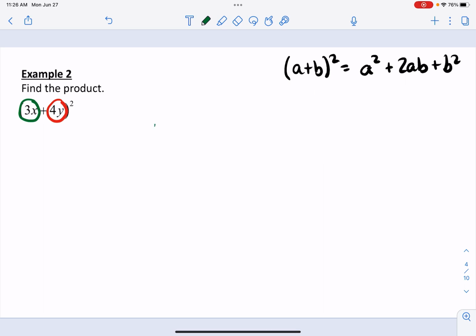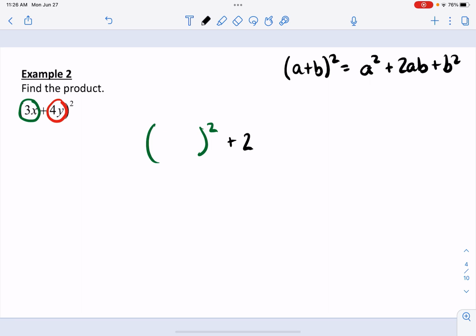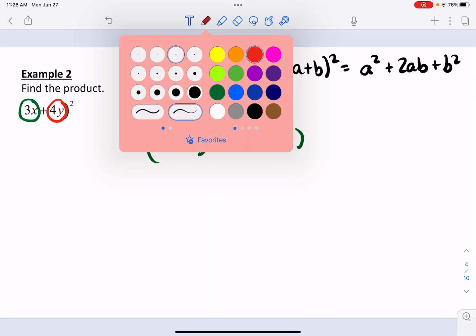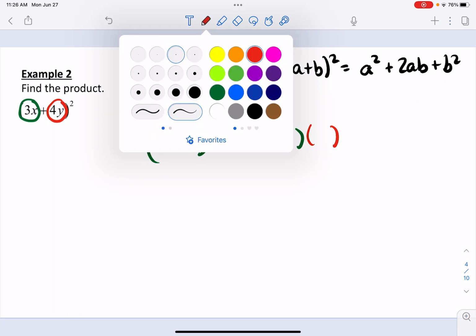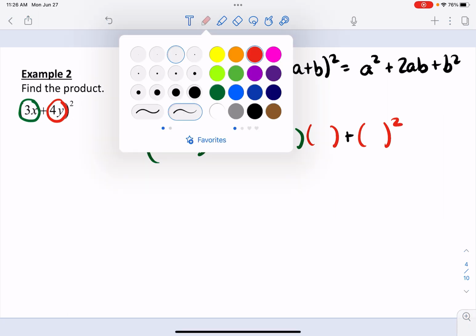So I have a squared plus 2ab, I'm going to take away that b piece, plus b squared. So now I just have to basically fill in.